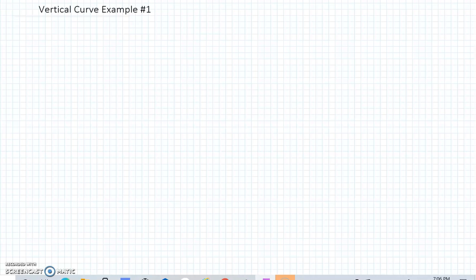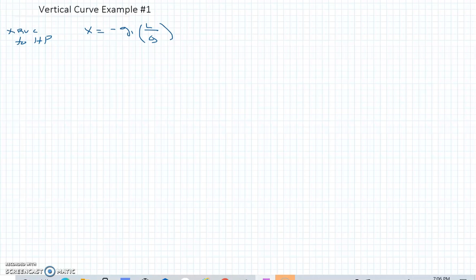The x formula is minus G1 L over G2 minus G1. This is the distance from the beginning of my vertical curve to the high point.